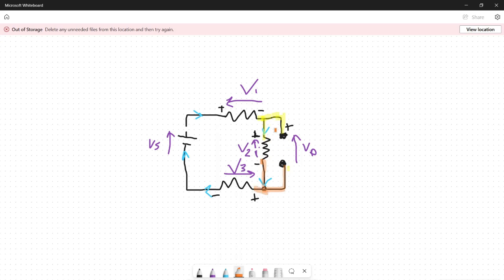Because not only do they share the same branch, they share the same node. So that means that, because this is a parallel circuit, this potential change will be the same as this potential change, which means that V2 is equal to the V open.